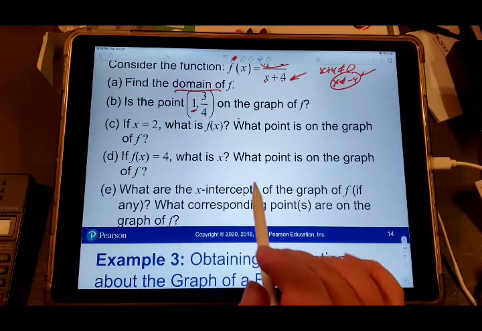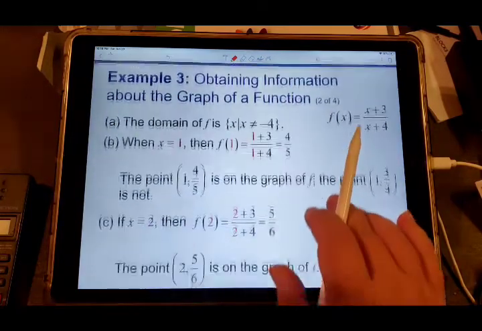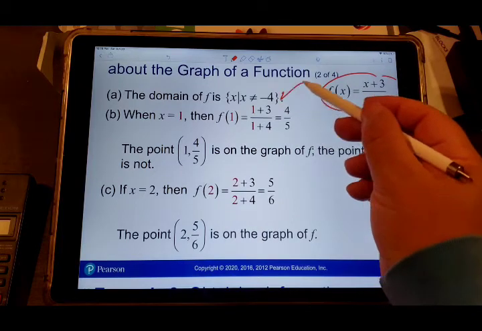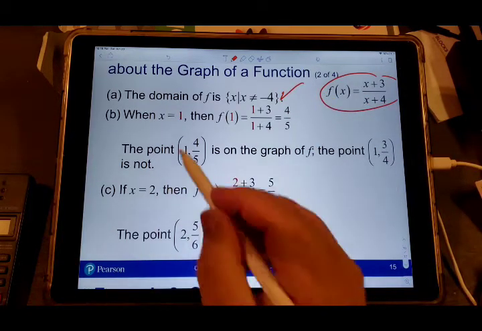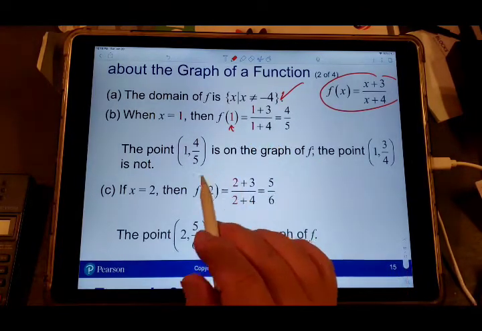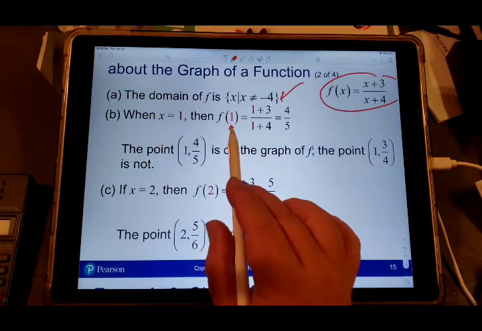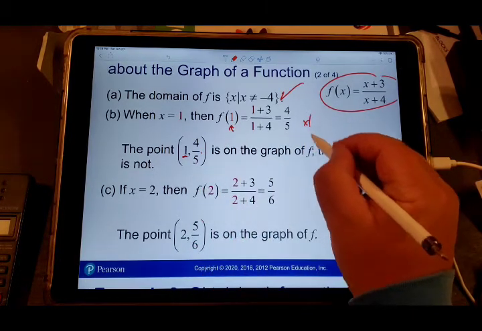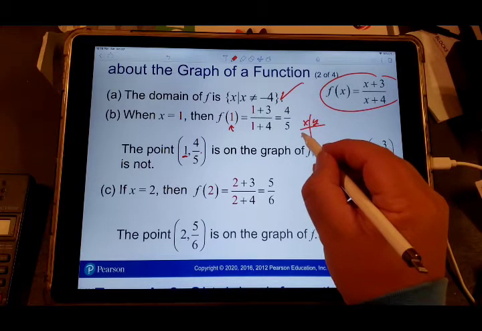If x equals 2, we'll just go through the work here. Here's the function sitting off to the side. We already found the domain. The way they answered yes or no to that one question is, what if I put in 1? What would I get? So I've made the world's smallest table, 1.